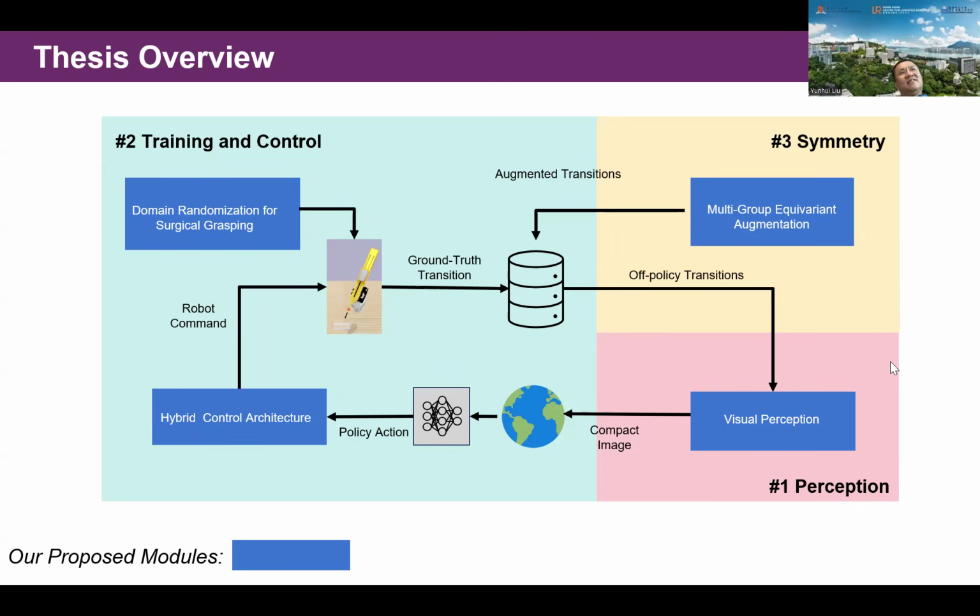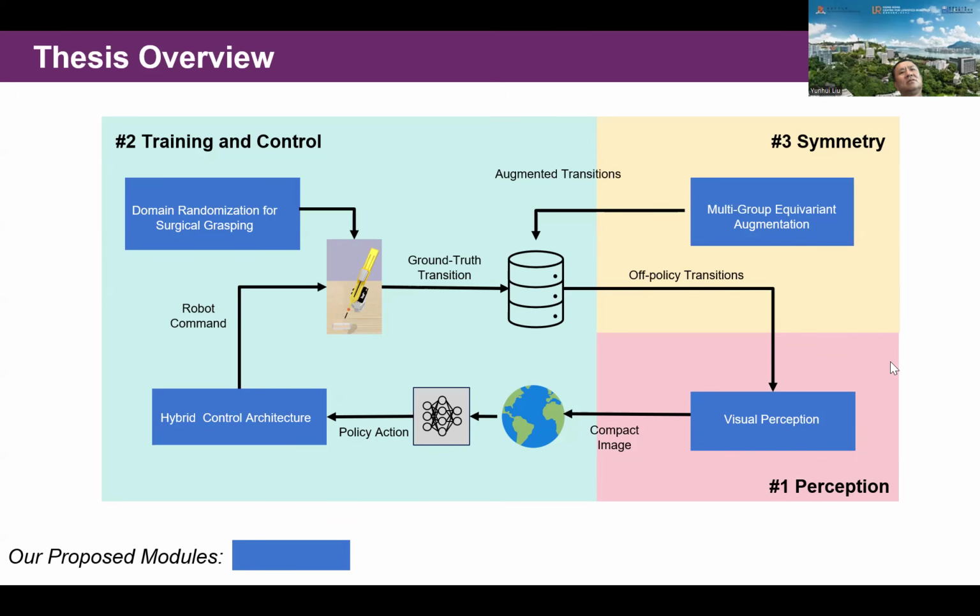From my perspective, the first one, the perception one, has more contribution in terms of novelty for surgical autonomy. We propose a pipeline, and a few of the components are novel.